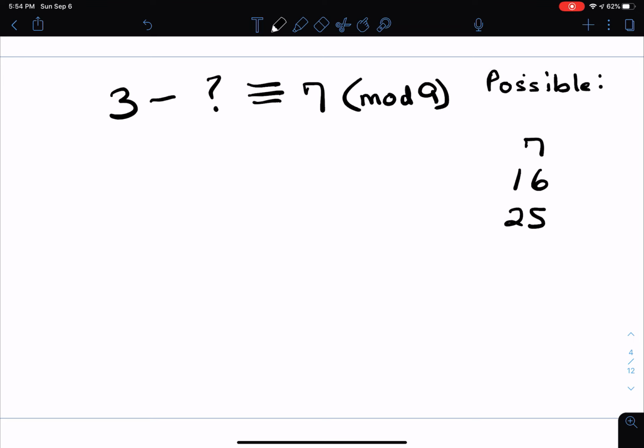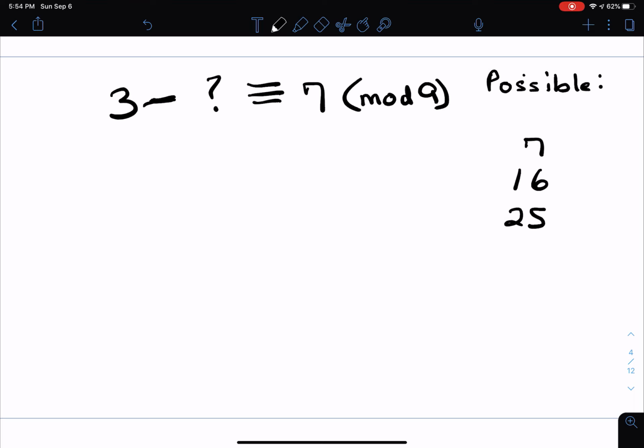But I think we're going the wrong direction here, because with the subtraction problem, it has to be 3 minus something. And we want something from 0 to 8 to work here. So we've got to think, I mean, we could get a negative on that side, and that's okay. We just want the question mark to be something from 0 to 8.